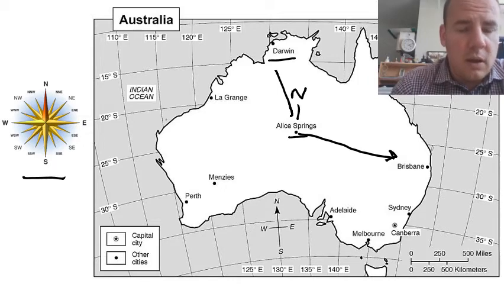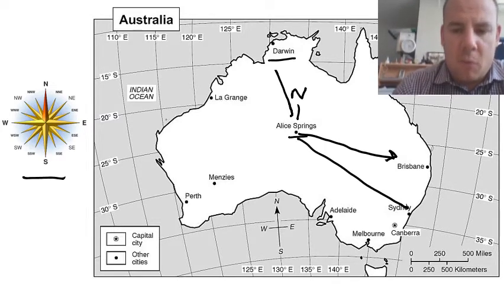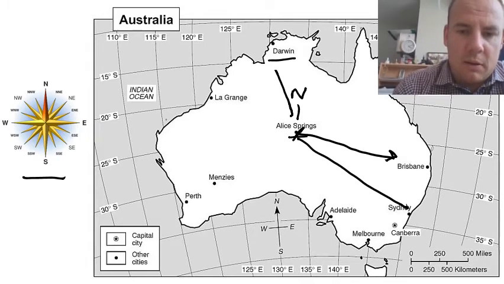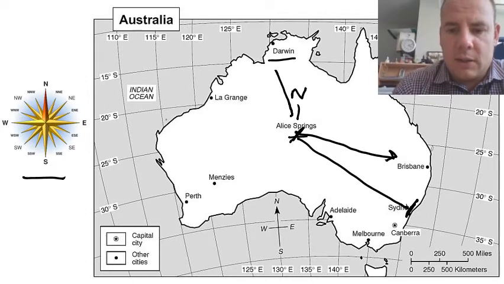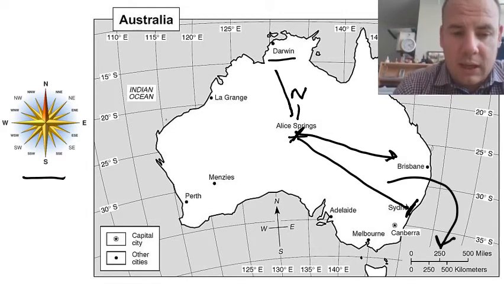Okay. When we're looking at distances, so say I'm trying to calculate the distance from Alice Springs to Sydney, I get my ruler and I measure the line, the distance from Alice Springs to Sydney, and then I take my ruler and move it towards the scale, not the key.